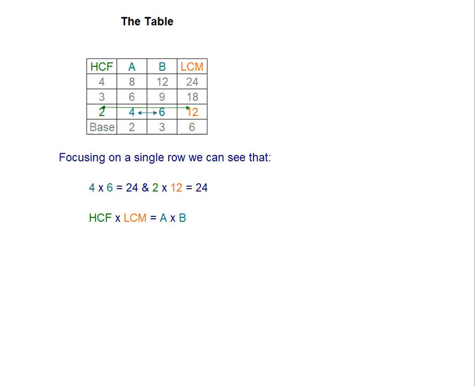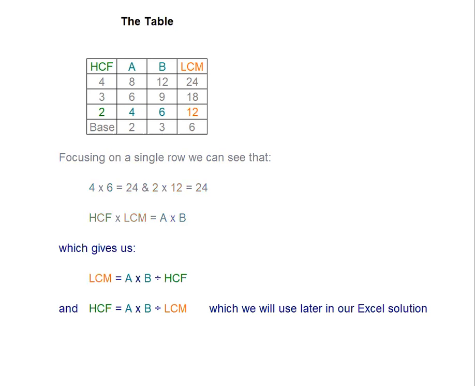If we look at a single row, we can see that 4 times 6, 24 equals 2 times 12, 24. In other words, HCF times LCM equals A times B. Not a very useful formula, but it does provide us with two new formulas for lowest common multiple and highest common factor. It tells us that lowest common multiple equals A times B divided by HCF.